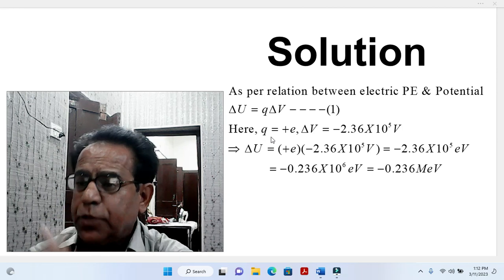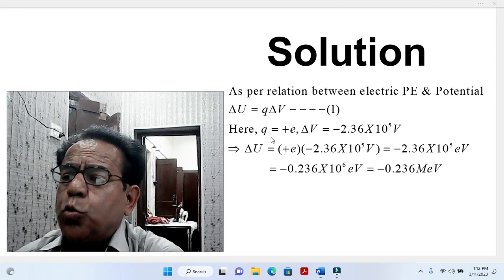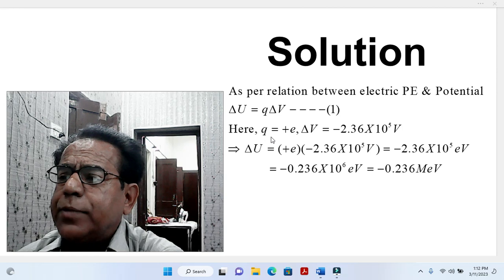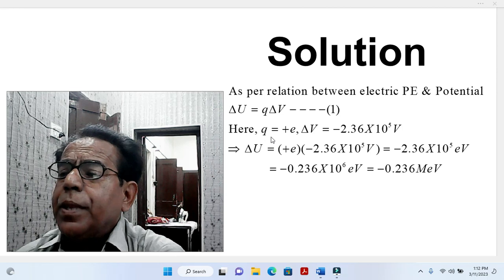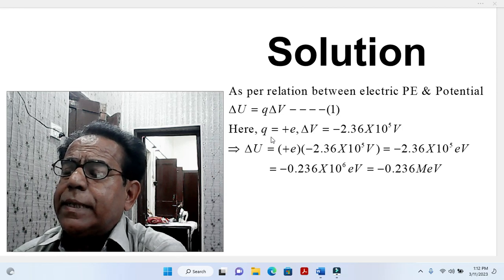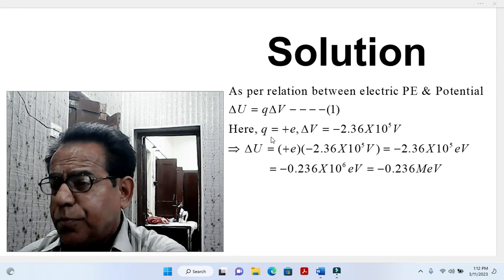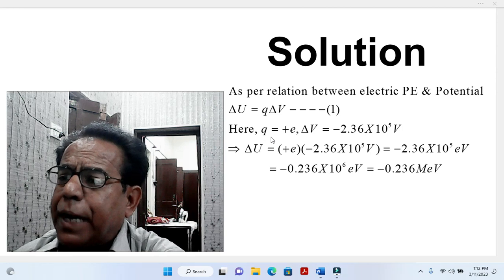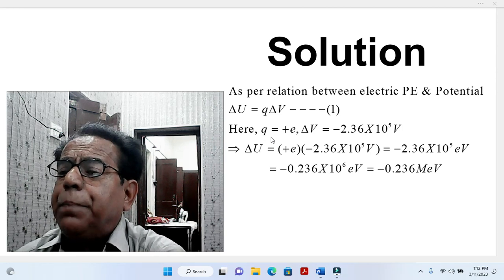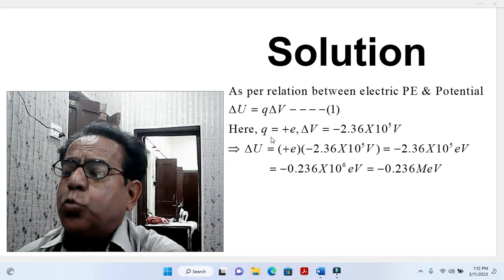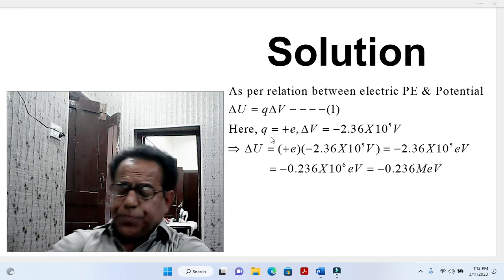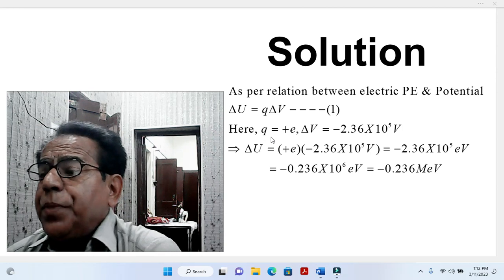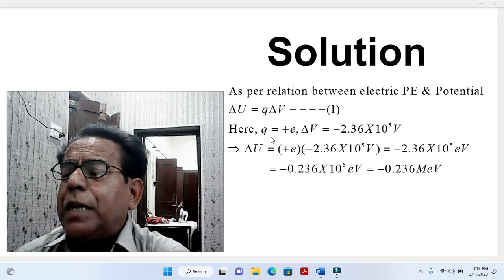So here ΔU will become equal to minus 0.236 × 10^6 electron volt. What we have done is convert it from 10^5 to 10^6. For this purpose, the decimal point is shifted one place earlier, so instead of minus 2.36 we get minus 0.236, because, dear students, in physics 10^5 is not very important for us.